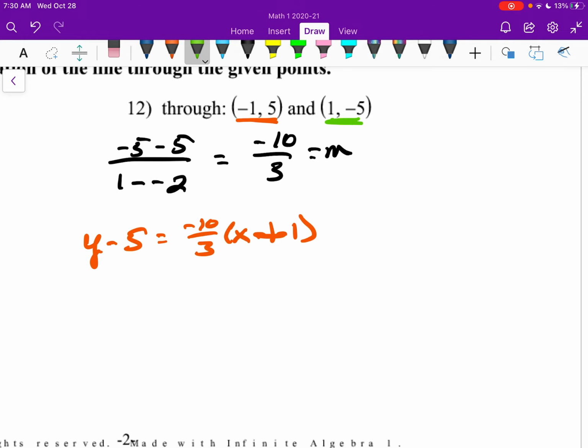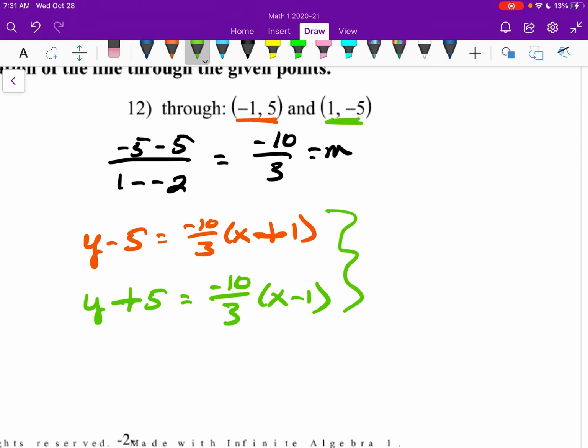So we're done with that. We're going to see if that's listed as our multiple choice. Let's say that that is not listed, just for the sake of doing extra work. And we're going to have y minus negative 5, so really that's a plus, equals negative 10 over 3 x minus 1. So one of these two will be listed as your answer. Normally it's the orange one, but I want to show you the green one just in case. All right.